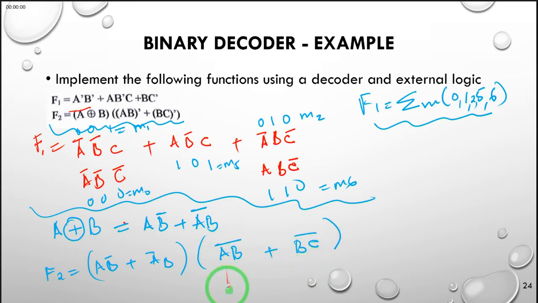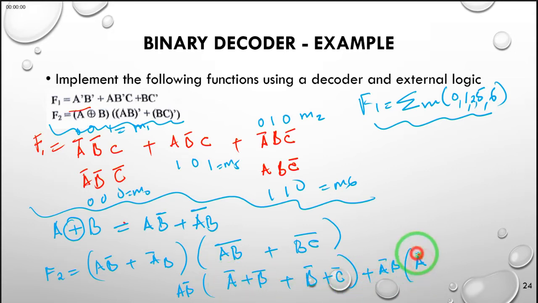When we open this term, this becomes A bar or B bar plus B bar or C bar. Therefore, when you open this term, we will get something that takes the shape A B bar plus A bar B, and I repeat all of this.